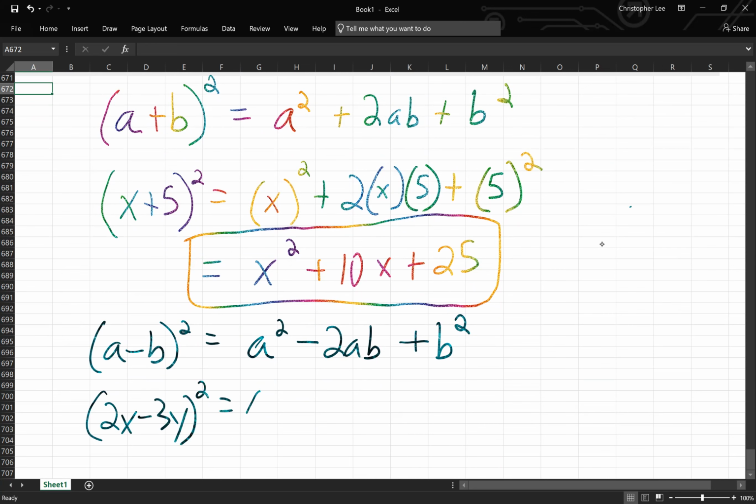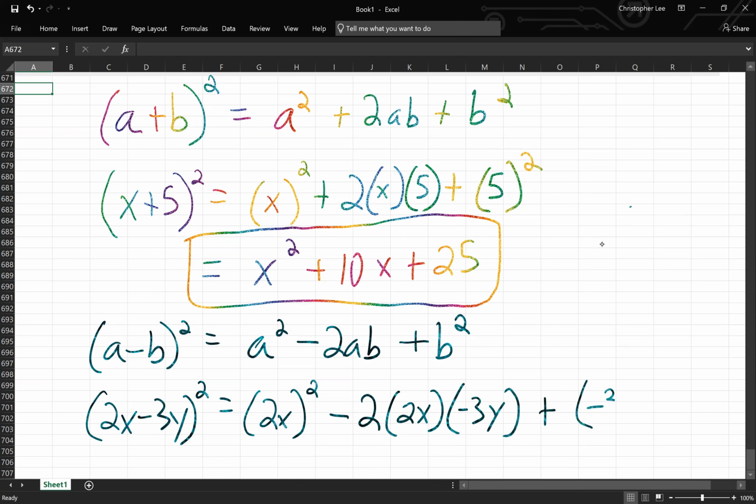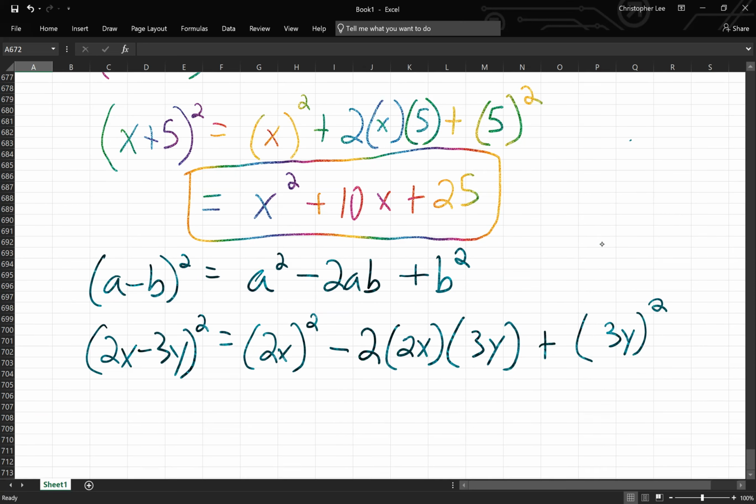Which is going to give me what? For a, I have 2x squared minus 2 times, what's a? 2x. What's b? Negative 3y, right? Plus b squared, which is what? Negative 3y squared, right? Actually, this should be just plain 3y. I'm sorry about that, right?